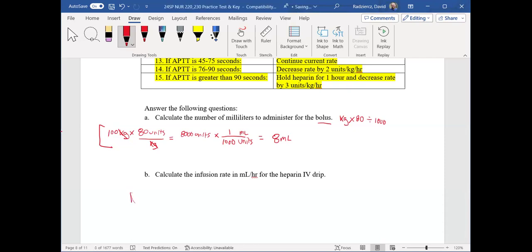So I'm going to take that 100 kilograms times the 18 units. And that's kilograms per hour. And then I'm going to get 18 times 100 is 1,800 units per hour because we got rid of kilograms.